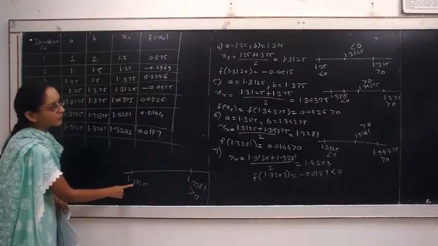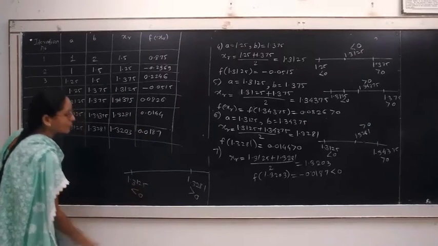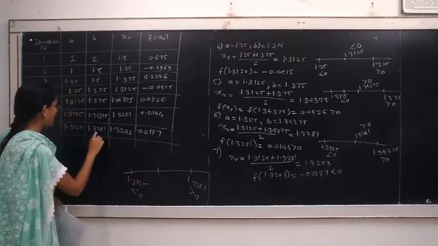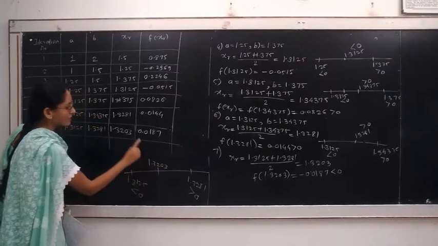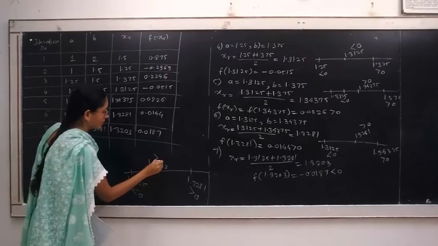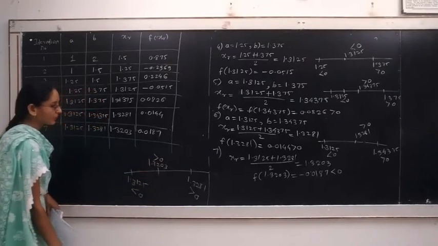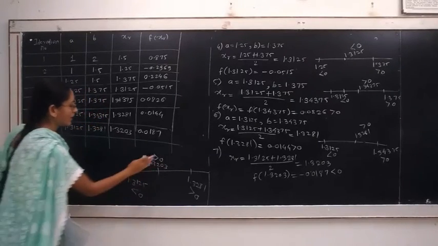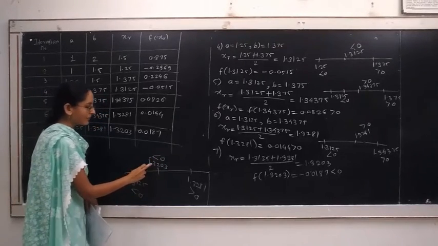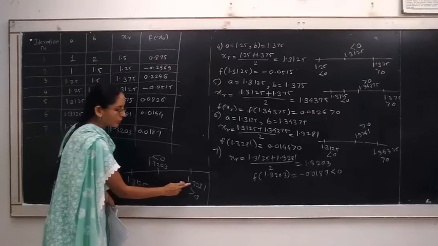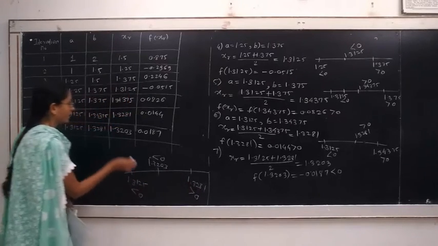For this value 1.3125, f takes negative sign, and in between them the value of XR is 1.3203. F takes negative value. Therefore, root must lie in between 1.3203 to 1.3281.